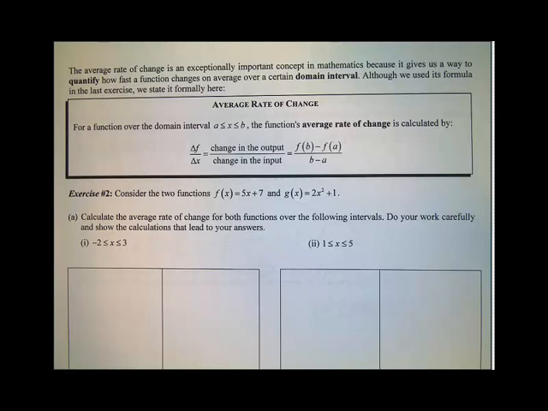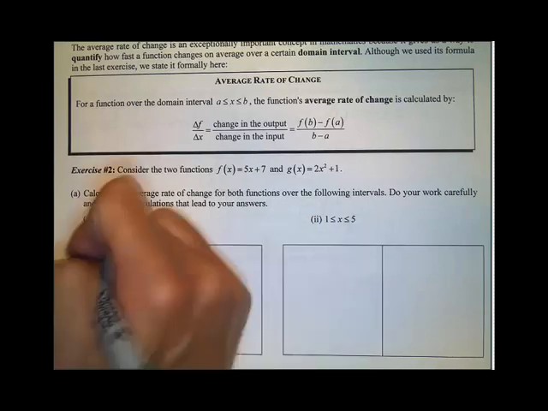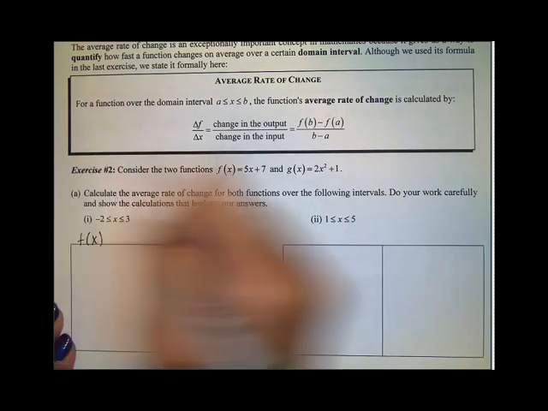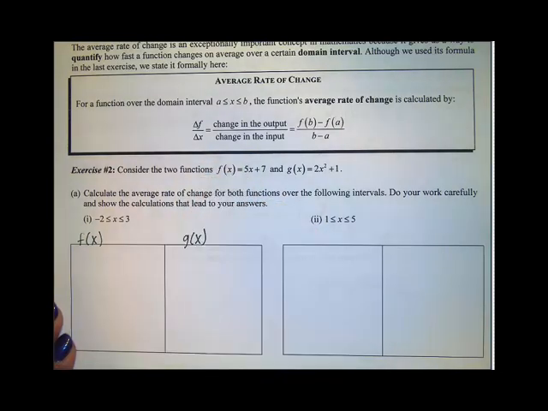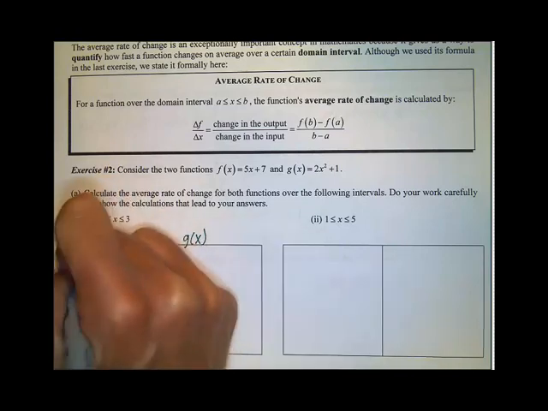So I will do part I, you will do part II as a try it on your own, and if you have questions you can ask in class. So for f of x we'll do here, and then g of x we'll do here. So f of x, we have the change in y over the change in x.